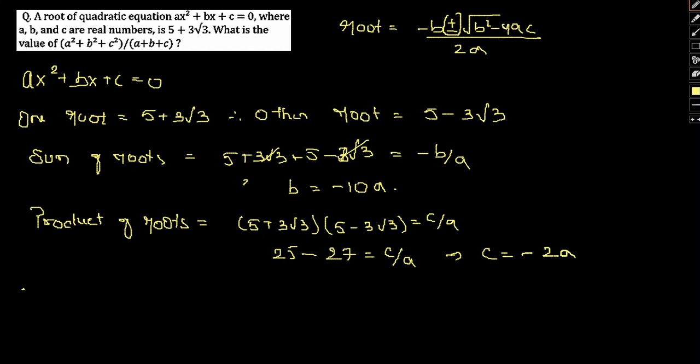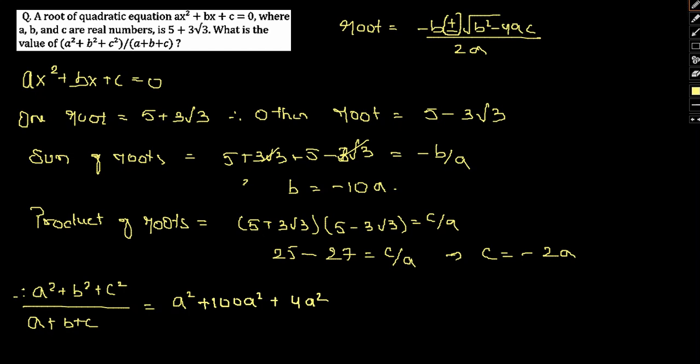Okay, so therefore a square plus b square plus c square by a plus b plus c can be given as a square, b is minus 10a, so that would be plus 100 a square, plus c is minus 2a, so 4a square, by a plus b plus c, so 1 minus 10 minus 2, that is minus 11a.